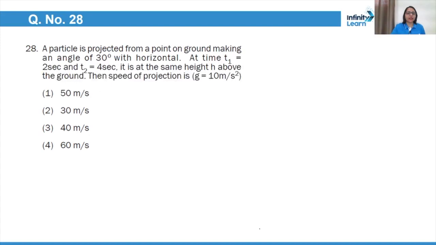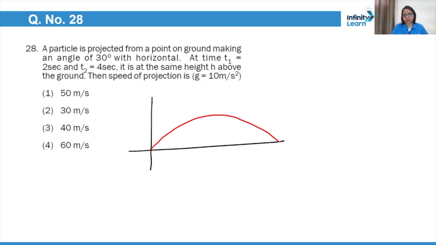Question number 28. A particle is projected from a point on a ground making an angle of 30 degree with the horizontal. At time t1, 2 seconds, and at time t2, 4 seconds, it is at the same height h above the ground. Then speed of projection is? So this is ground level and this is the path of the projectile.